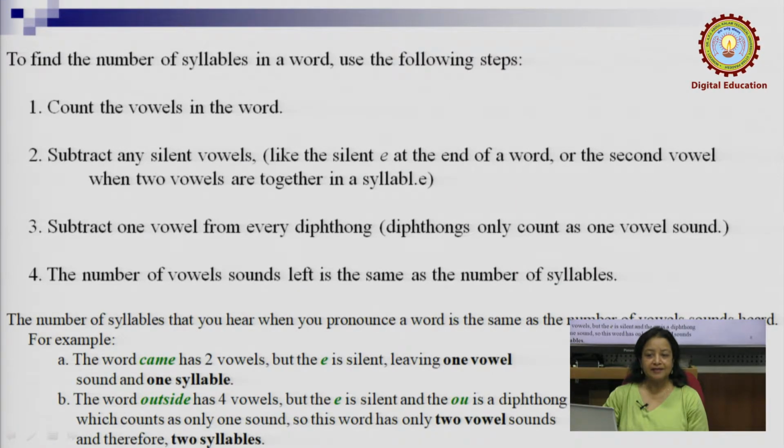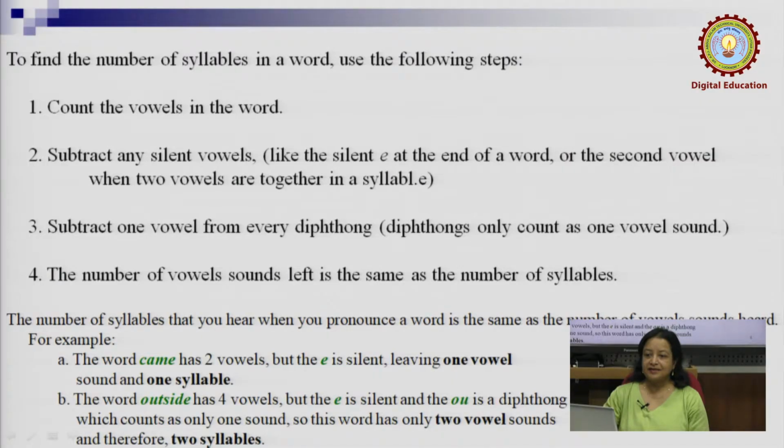To find the number of syllables in a word, use the following steps. Number 1, count the vowels in the word. Subtract any silent vowel like the silent E at the end of a word, or the second vowel when 2 vowels are together in a syllable.